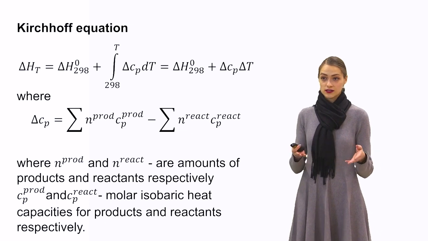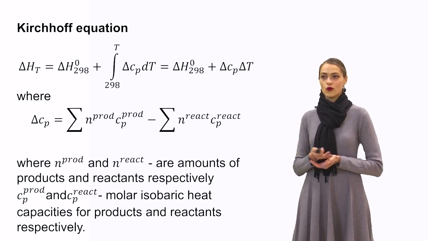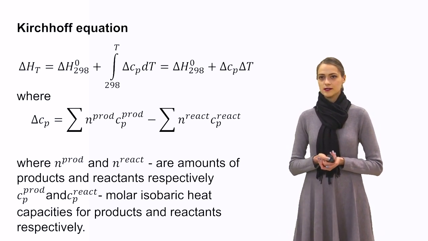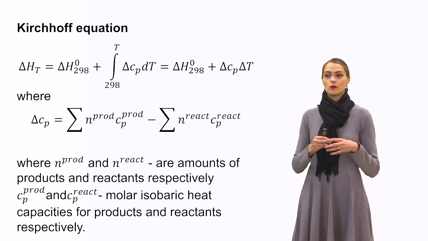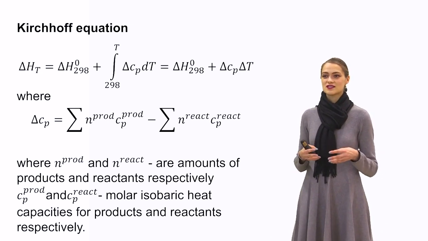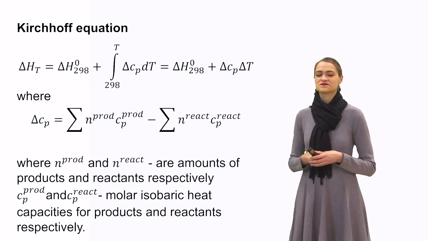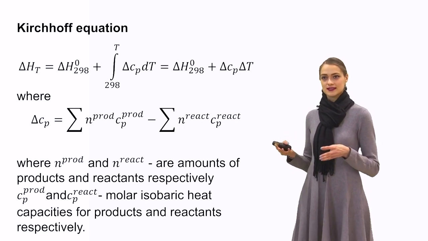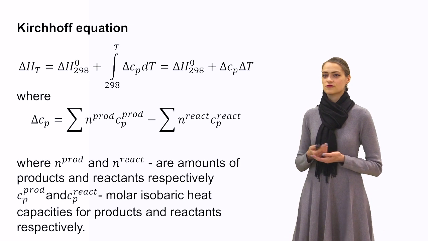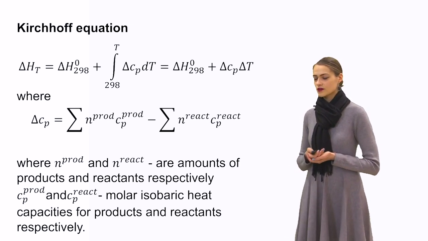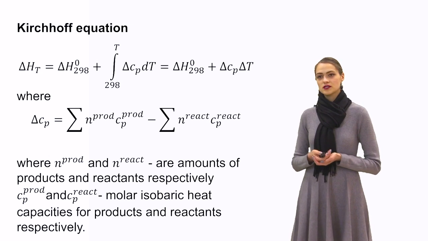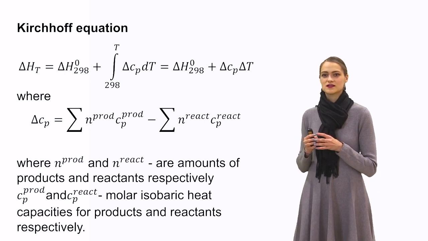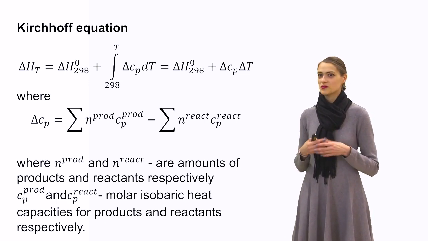And let's see how we can calculate in this situation the heat effect of the whole reaction in real conditions at temperature T. Firstly, we need to calculate the heat effect in those conditions for which we can calculate it. So we calculate the heat effect of the chemical reaction in standard conditions. You see here in this formula firstly delta H zero 298, and then we need to add the heat to increase or maybe decrease the temperature.